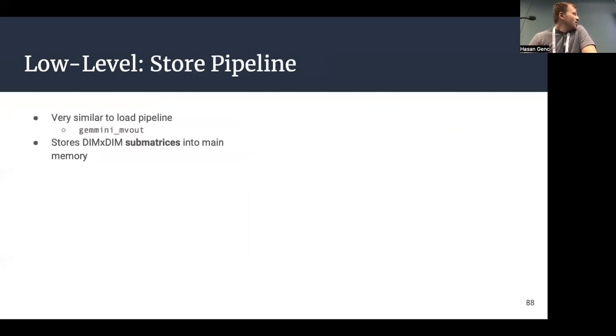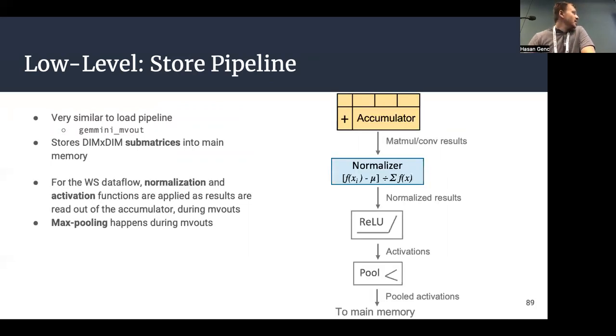And then the store pipeline is similar to the load pipeline. You have a move out instruction, and it operates on data that has the same granularity, the same dimensions, as the spatial array. But one difference is that the store pipeline also can perform other operations as data is being moved into main memory, right?